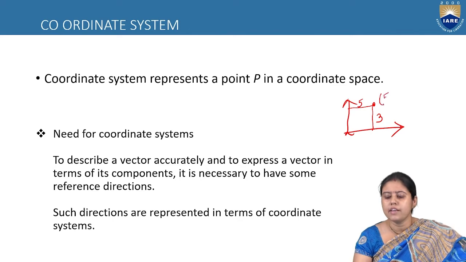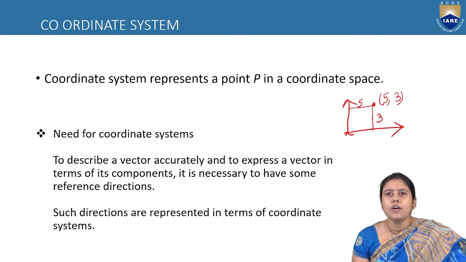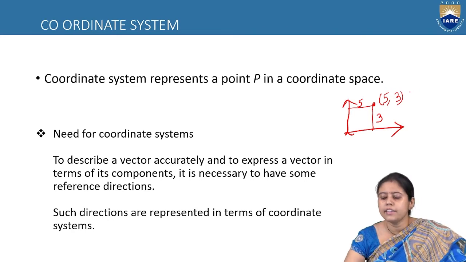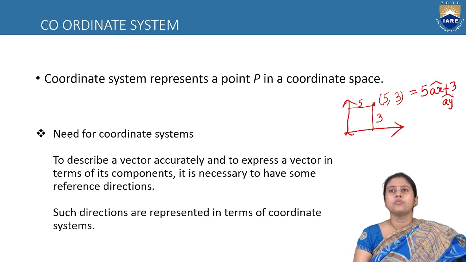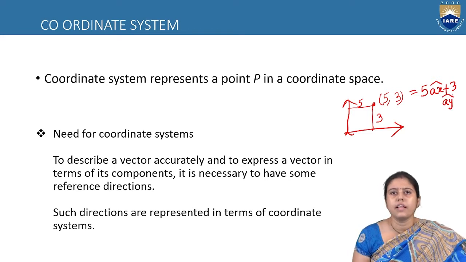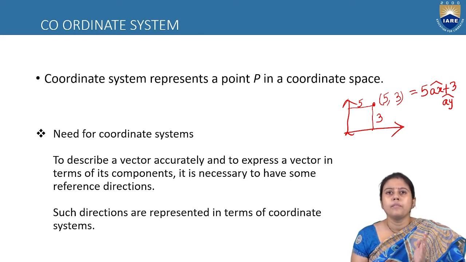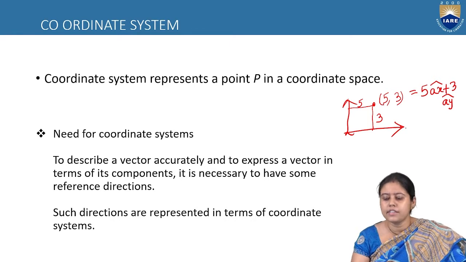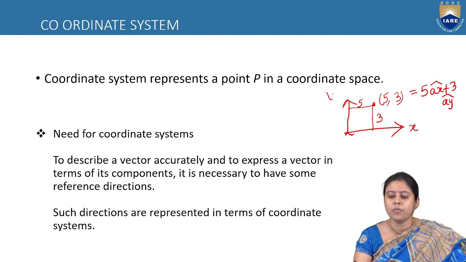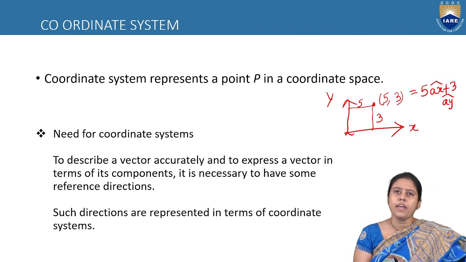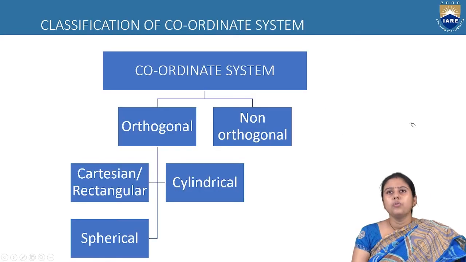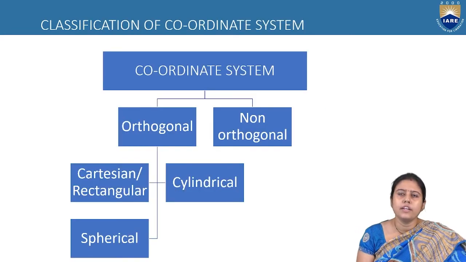Its coordinate is (5, 3). So it is the position, and if we write it in vector terms, it will be 5 a_x hat plus 3 a_y hat. As we know from the previous lecture, the unit vector along the x-axis is a_x hat and along the y-axis is a_y hat. Now we will try to start the coordinate system.